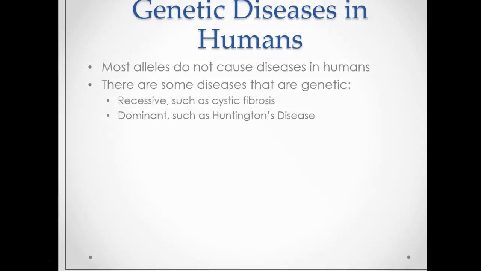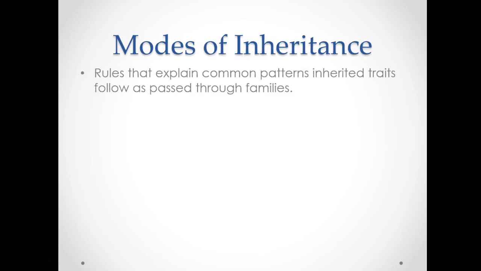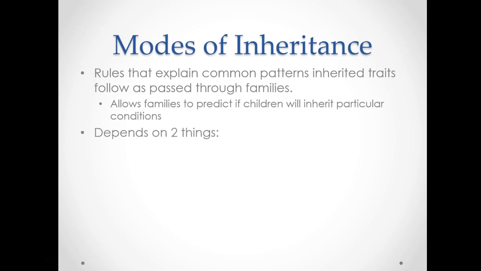So we're going to look at what's called a mode of inheritance. A mode of inheritance are the rules that explain the pattern of inherited traits as we follow it through families. So it's either, again, a recessive mode of inheritance or a dominant mode of inheritance. The important distinction is that in the case of a dominant mode of inheritance, the parents have to have the trait in order to pass it on to the offspring.